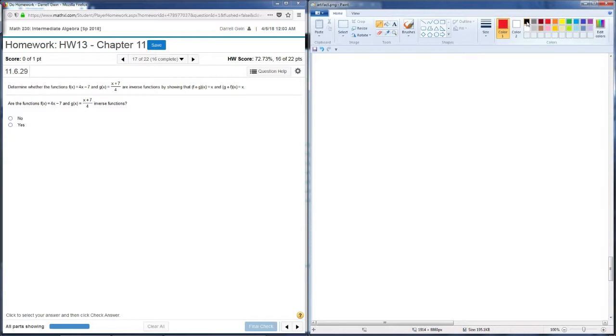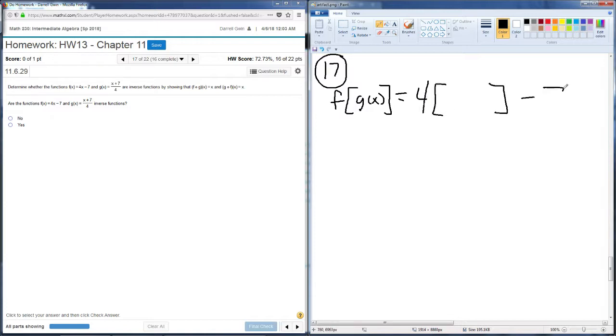Oh my, running out of space. Number 17. It's the same question. Is it a one-to-one function? Jeez. So here we go. Let's do f of g of x first. f is 4x minus 7.